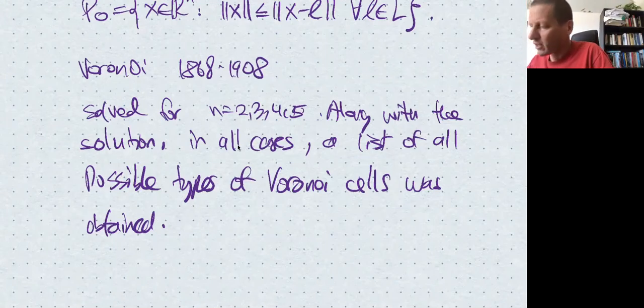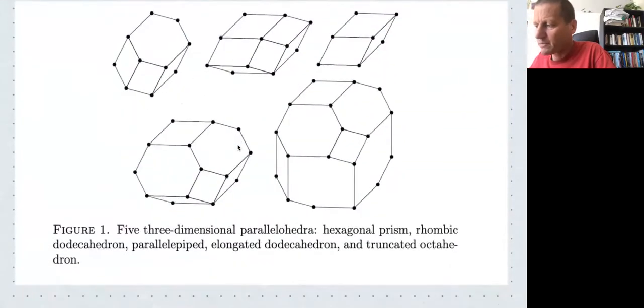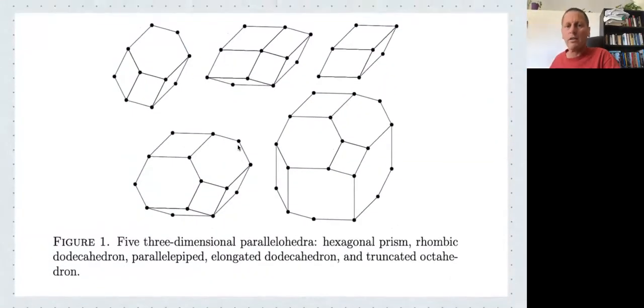I showed you a picture of types last time. Let me show you another one. So this is the list of types of 3-dimensional Voronoi cells. There are 5 of them in 3 dimensions. And the way that this conjecture has been proved in the dimensions in which it's been proved is by listing all these parallelohedra. The polytopes that tile by lattices are called parallelohedra.